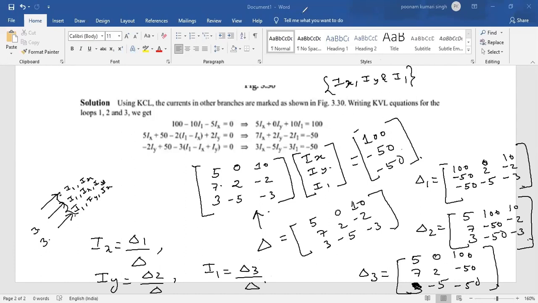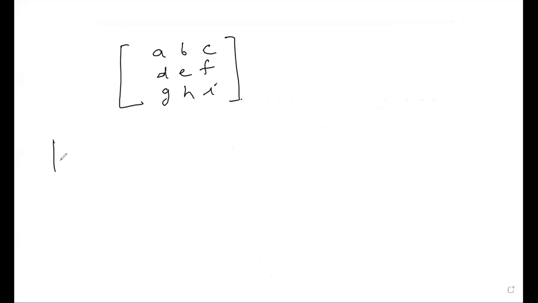So suppose I give you a matrix as A, B, C, D, E, F, G, H, I. If I want to calculate the value of this matrix, the determinant, this is nothing but A multiplied by, when you're talking about A, you delete this row and this column.